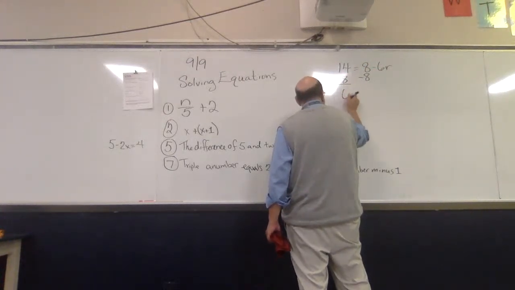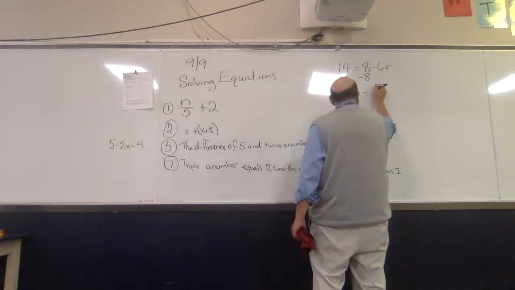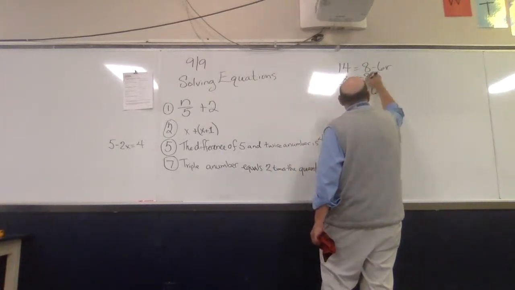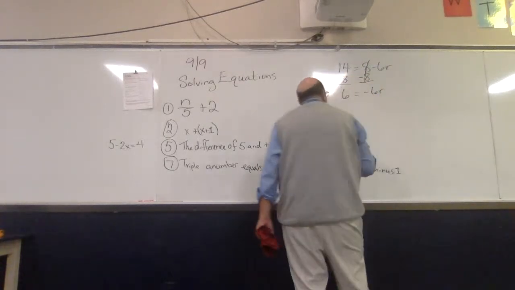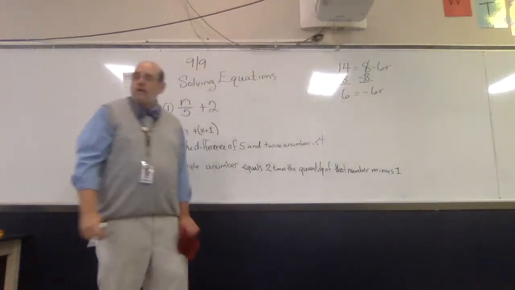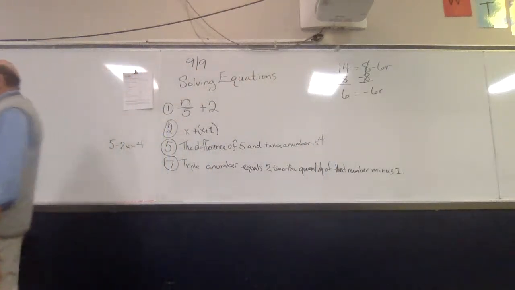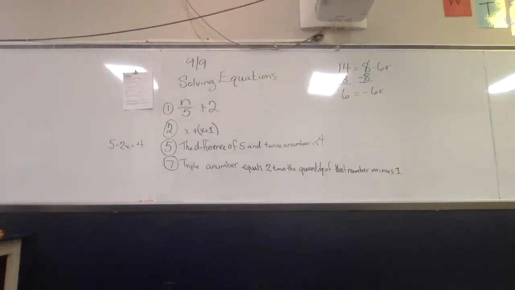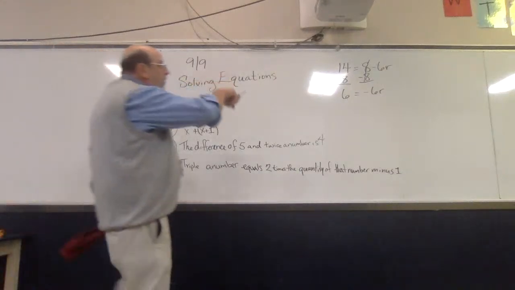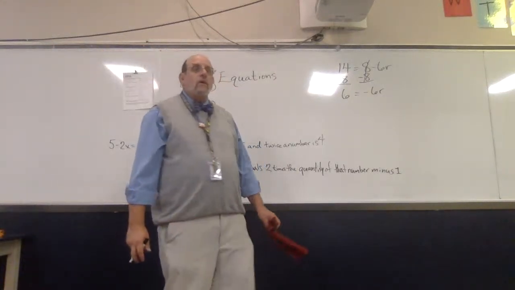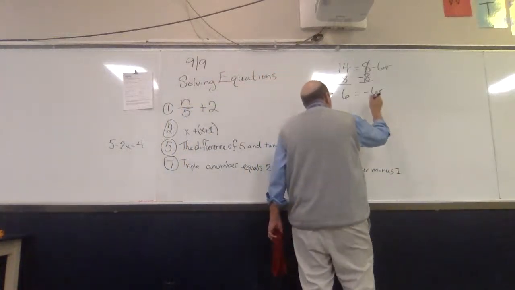Whoa! 6 equals negative 6r. Right? Yes. Wow! They can't fool Hadaway. Well done. Now, what do I do next? Divide. Divide by -6.